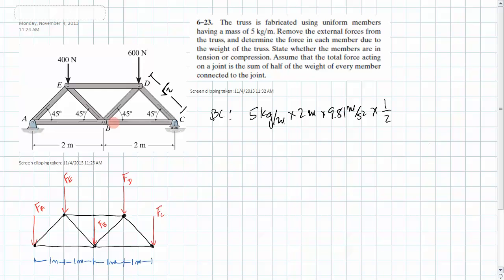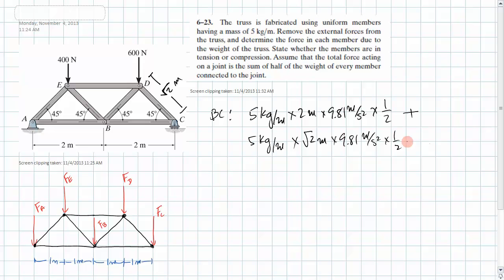due to this member. For this one here, then we get 5 kilograms per meter times the length of this guy, which is square root of 2 meters, right? That is square root of 2 meters times 9.81 meters per second squared times 1/2.